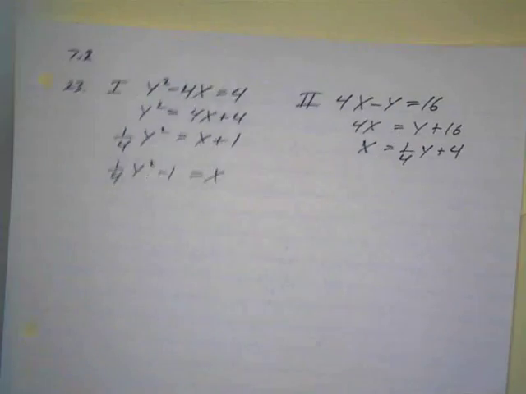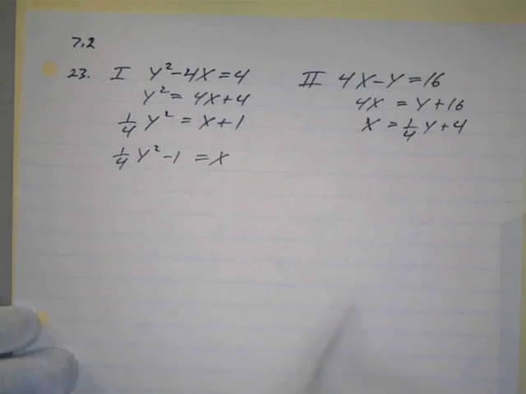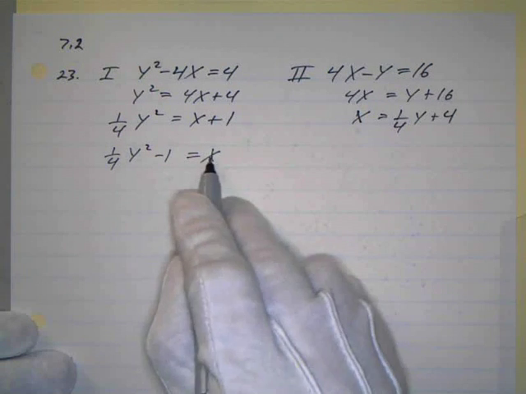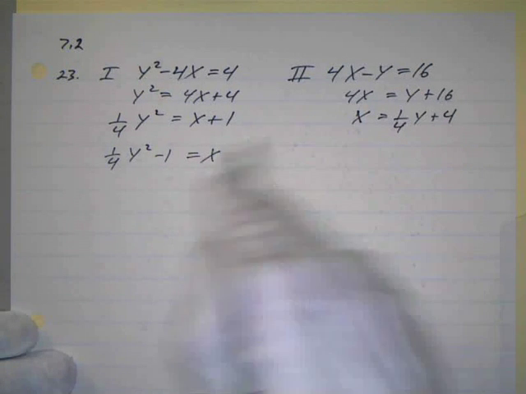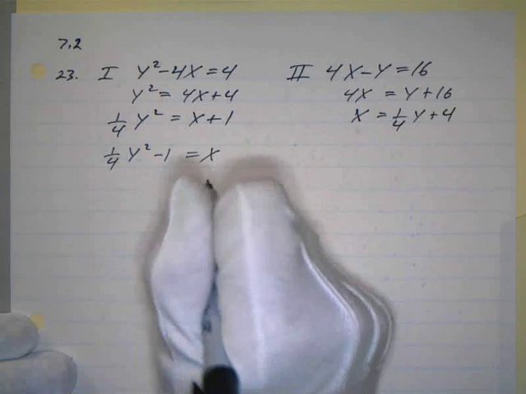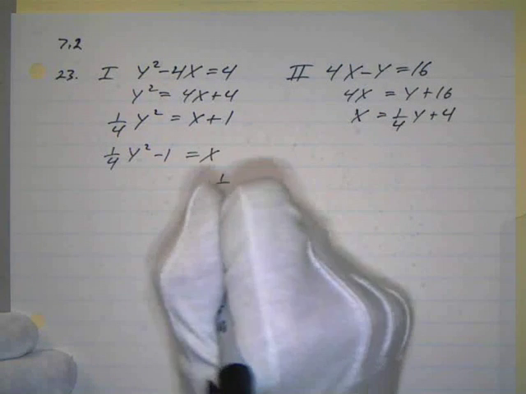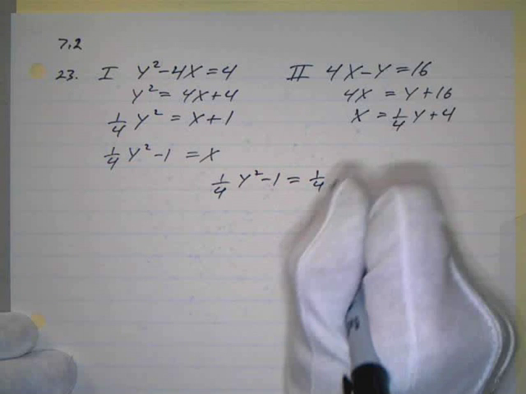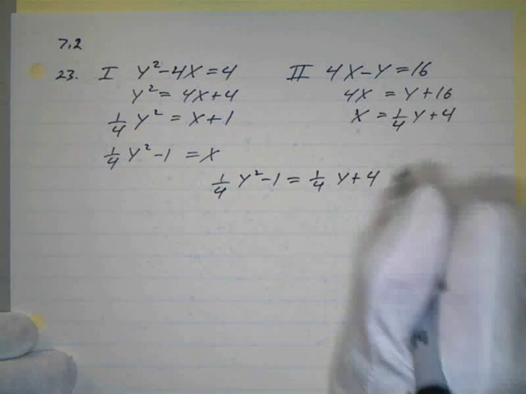So we'll go back over here so it's a little bit easier to see. In order to find out where they intersect, I just set them equal to each other because this equals x. So 1/4 y squared minus 1 equals 1/4 y plus 4.